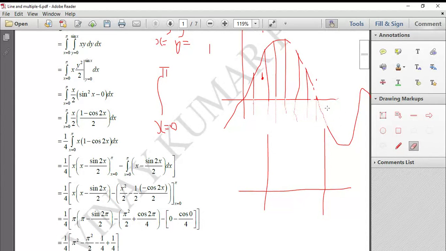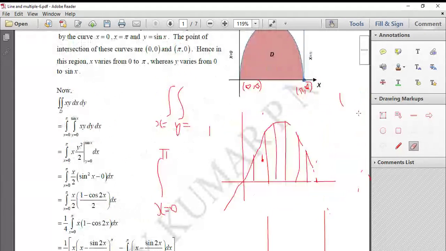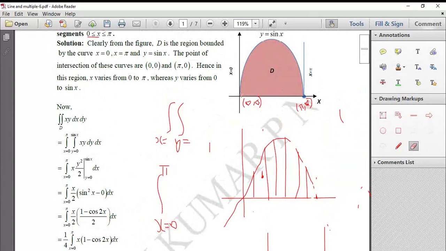See the region from the picture. Our y-axis varies from here to here. What is the maximum value? Yes, from here to here. Let me draw a graph.